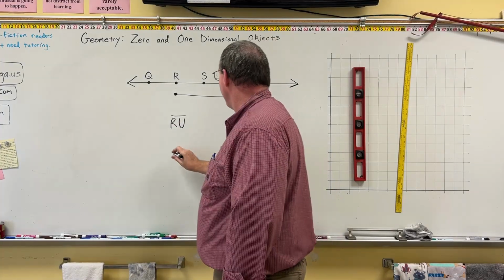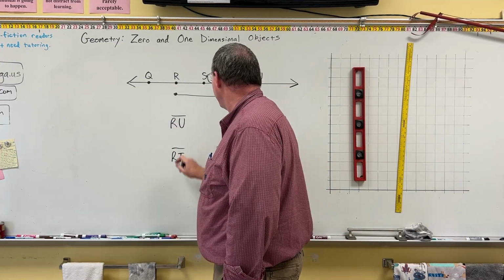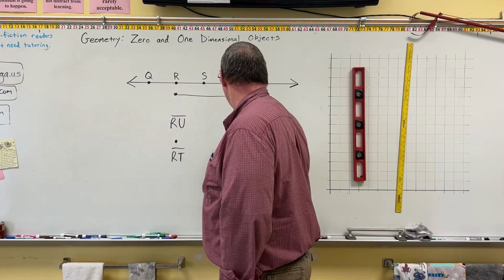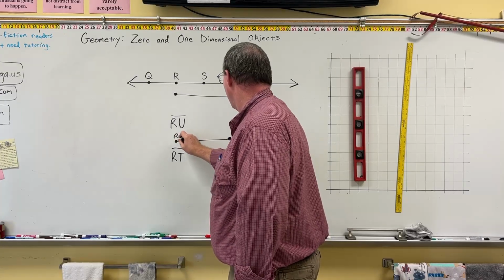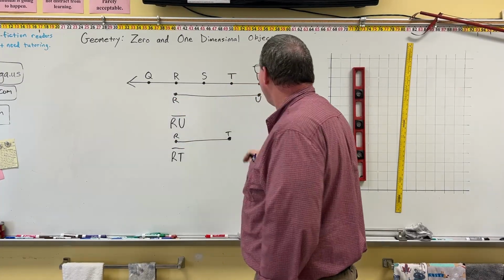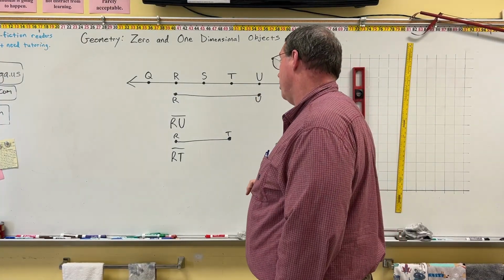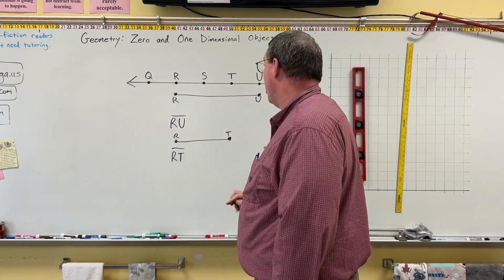And it's very different than line segment RT, because line segment RT starts here and ends here. RT, whereas this one is RU. Now note, point T is on line segment RU, but point U is not on line segment RT.